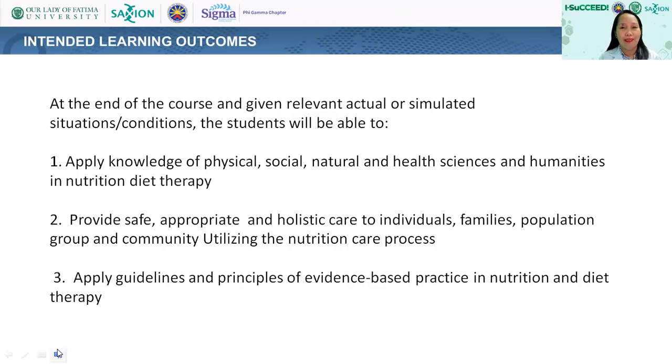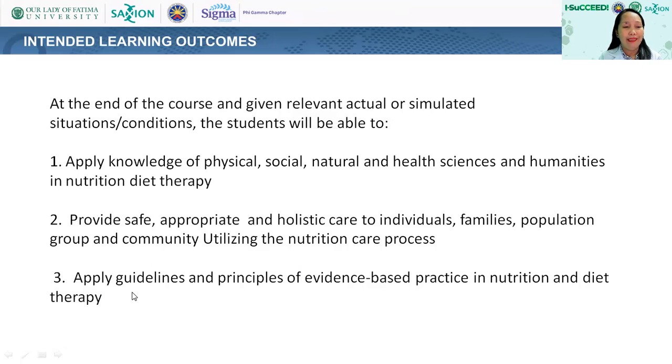For the intended learning outcomes for the course program, at the end of the course and given relevant, actual, or simulated situations or conditions, the students will be able to apply knowledge of physical, social, natural, and health sciences and humanities in nutrition and diet therapy. They are also expected to provide safe, appropriate, and holistic care to individuals, families, populations, groups, and communities utilizing the nutrition care process.